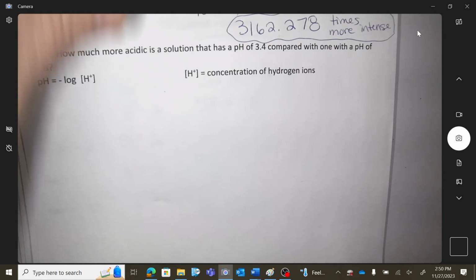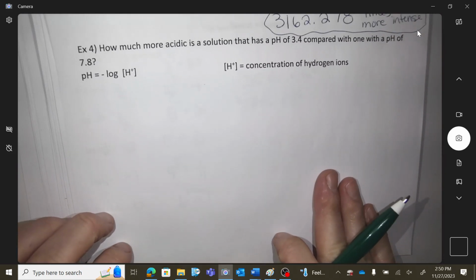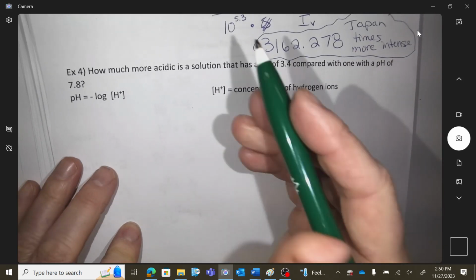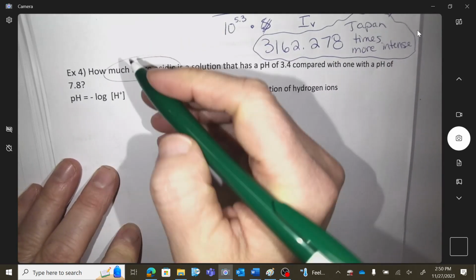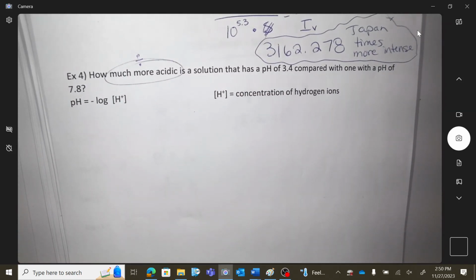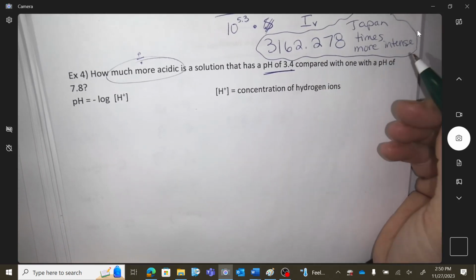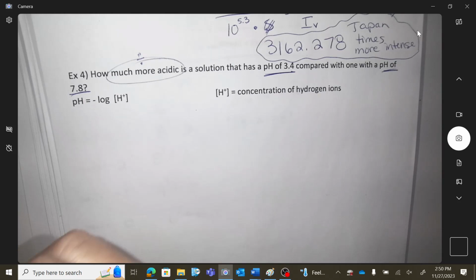Okay, last of the questions in the whole booklet. Okay, how much more acidic, FYI, we're going to divide these, right? How much more times acidic is something? Is a solution with pH of 3.4 versus a pH of 7.8.